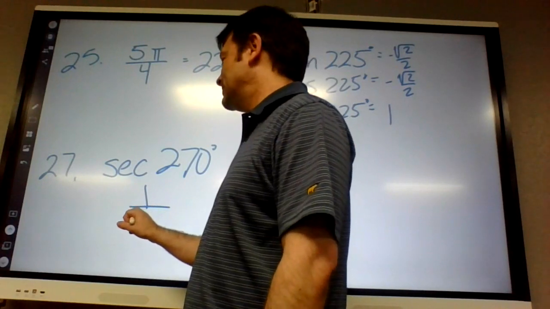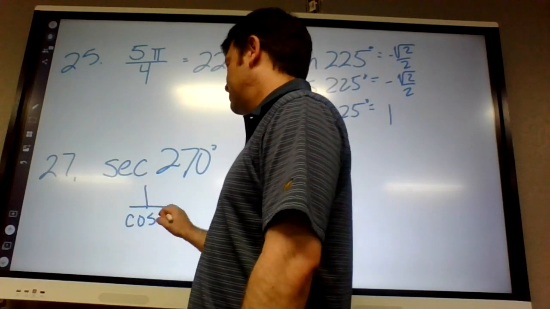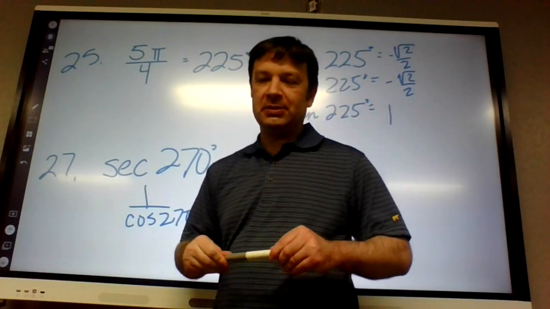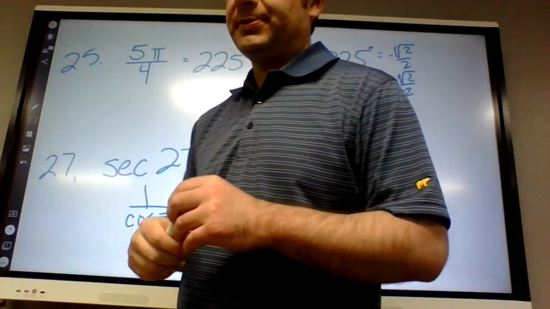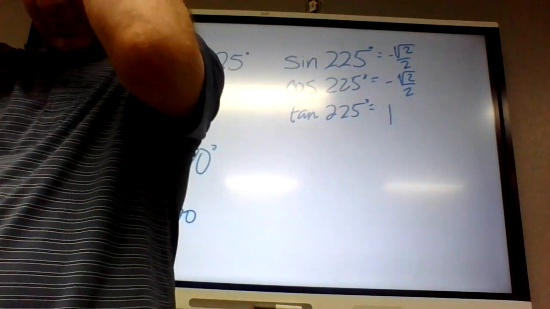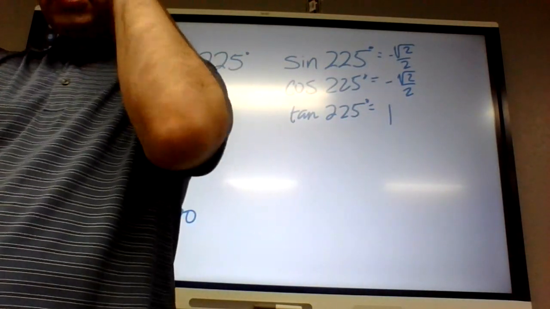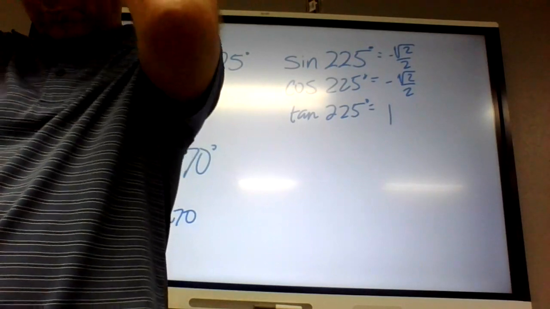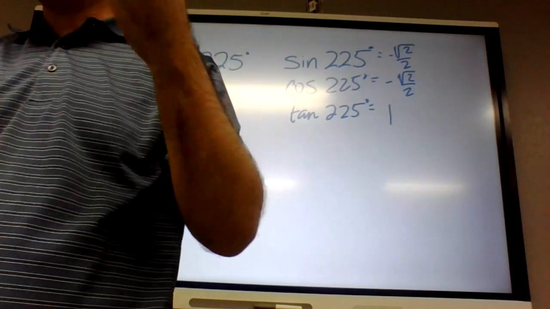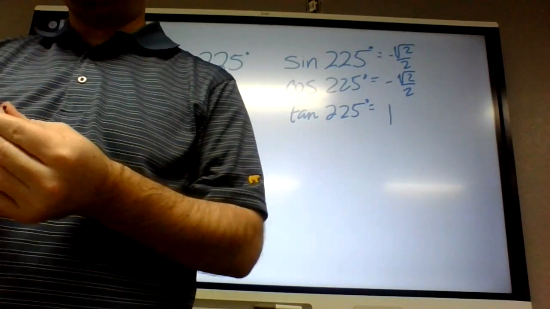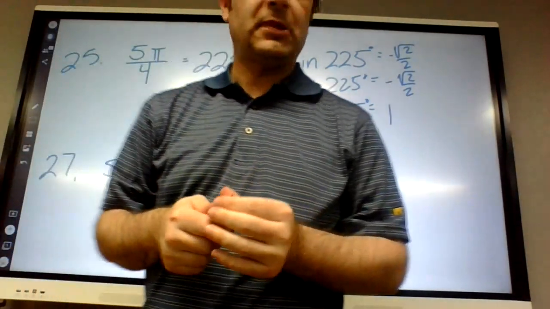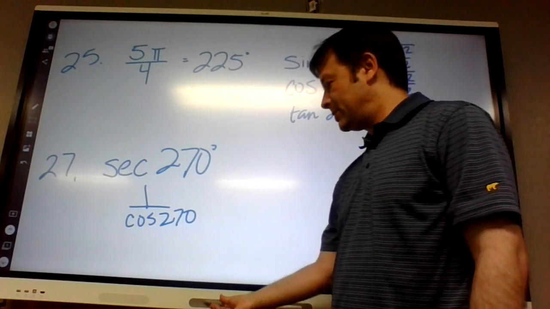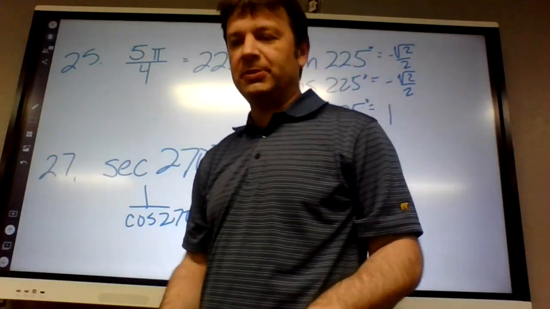Remember, it's 1 over cosine. Yeah, just go ahead. You can use your calculator, it's fine. They wanted you to use special triangles, but I don't really care that much. I would like you to know special triangles.